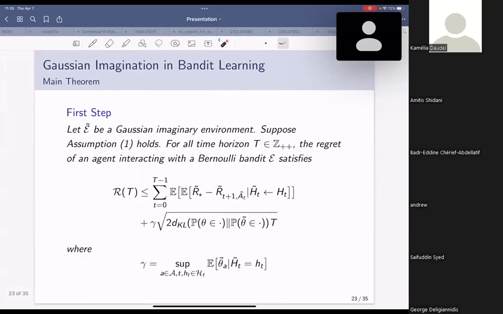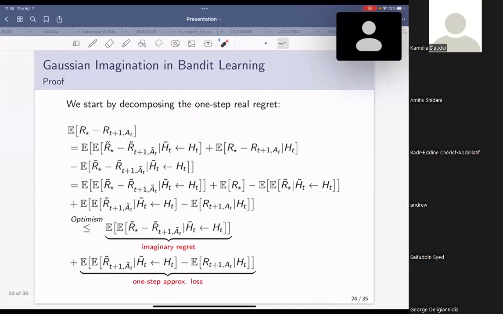Okay, so for the first step, we want to show that under assumption one, the regret can be upper bounded by these two terms. The second term is basically what we had in the main theorem. So how to show this is to start by decomposing the one-step real regret.